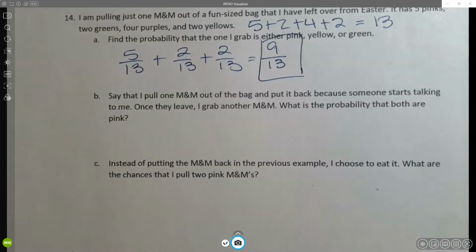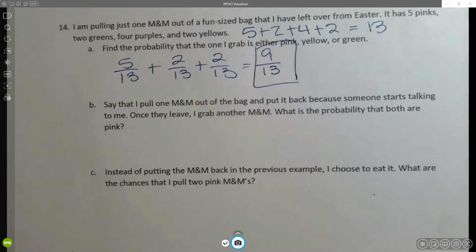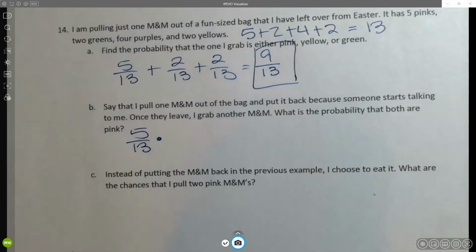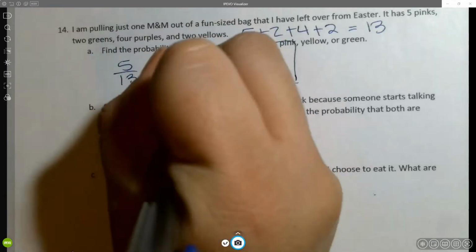B says that say I pull one M&M out of the bag and then I put it back because someone starts talking to me. Once I leave, I grab another M&M. What is the probability both are pink? So I know to start with, I have 5 out of 13 pink M&Ms. I'm going to multiply this by the next choice. Because I put the M&M back in the bag, that means there are still 5 out of 13 M&Ms in there.